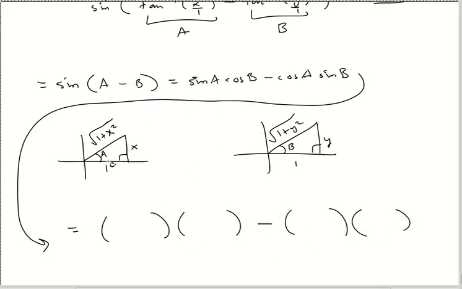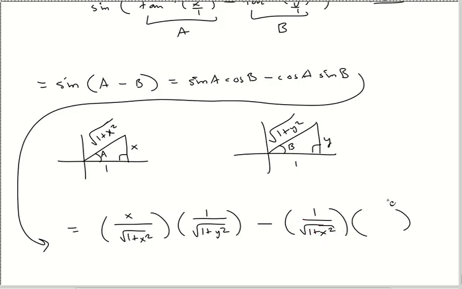Sine of A is going to be opposite over hypotenuse. Cosine of B is going to be adjacent over hypotenuse. Cosine of A is again adjacent over hypotenuse. Make sure you're doing x's and y's in the correct order.